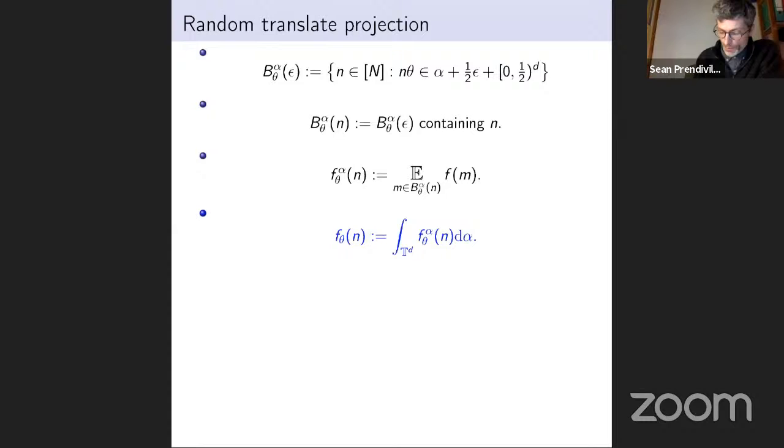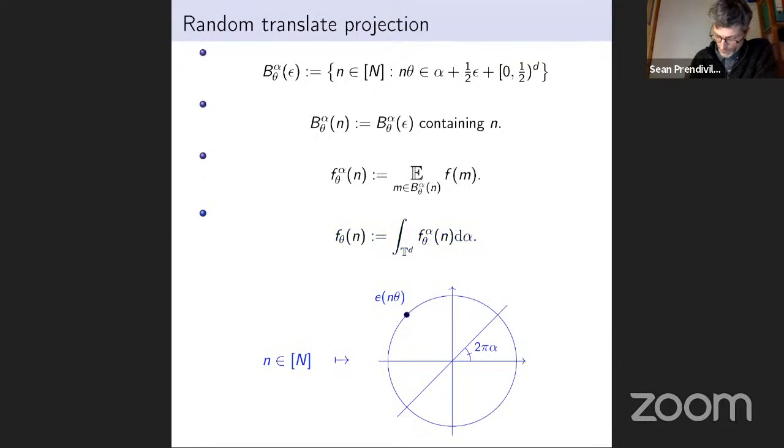And it's only determined by one vector, theta 1 up to theta d, a choice of d frequencies. So here's the picture in your head again. You randomly slice the circle, and you average your function on either half, on the arc occurring on either side of the line.